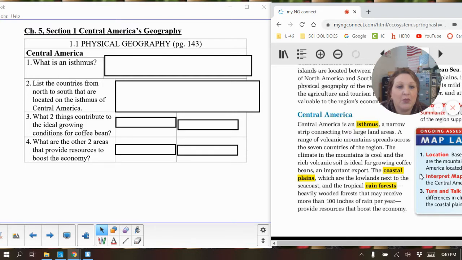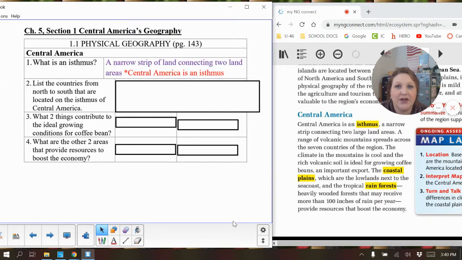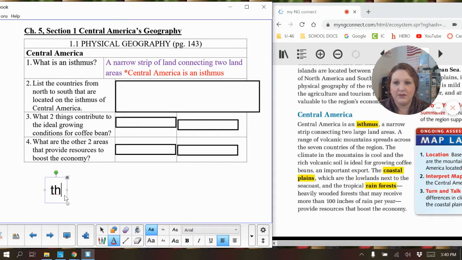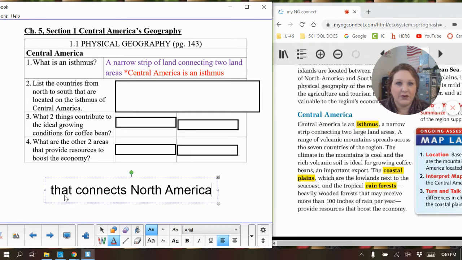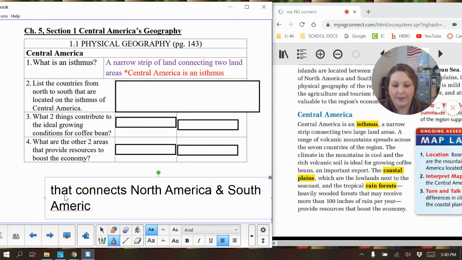I think I'll pause there for a moment so that we can answer a couple of these questions. So the isthmus here, a narrow strip connecting two large land areas. And Central America is an isthmus. And actually, I'm going to add this in here too, that connects North America and South America.